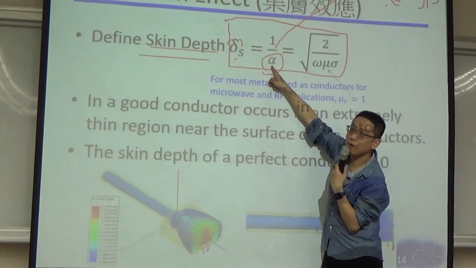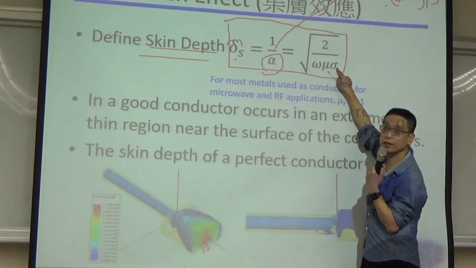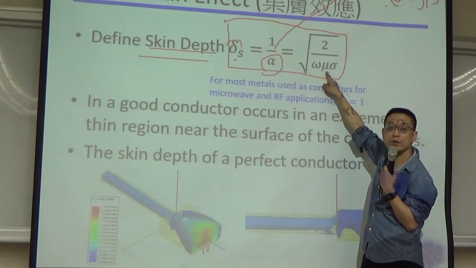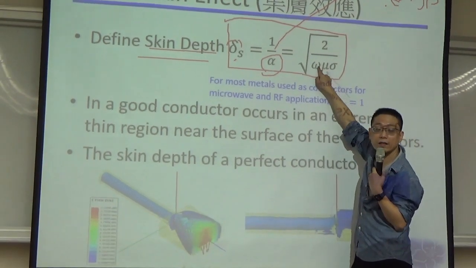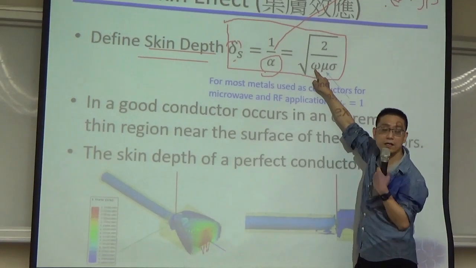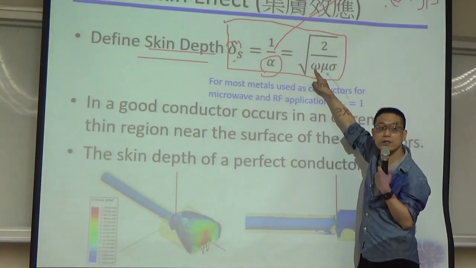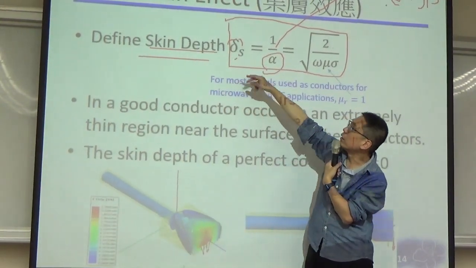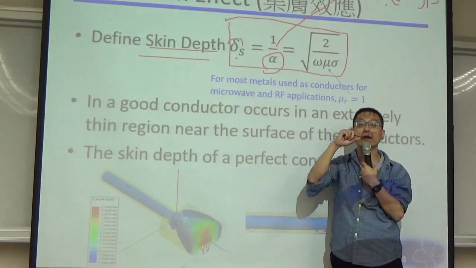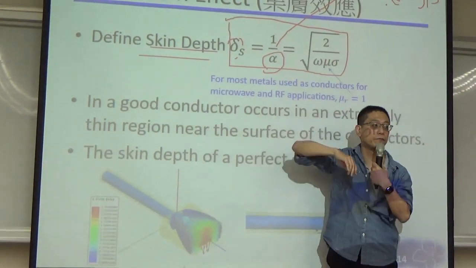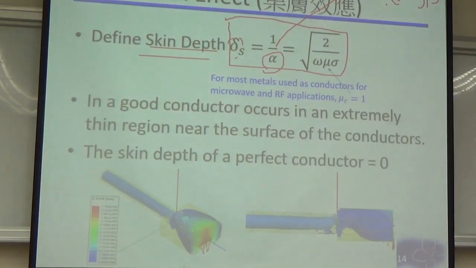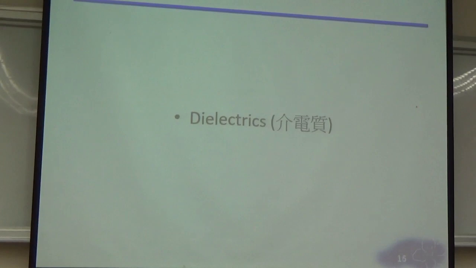If you have large alpha, you have large conductivity. Mu always equals mu 0 in our case, so this is a constant, and omega is 2 pi f. So if your frequency is higher, then your skin depth is smaller. This is a very useful equation. You might see it again in the near future. This is the skin effect.